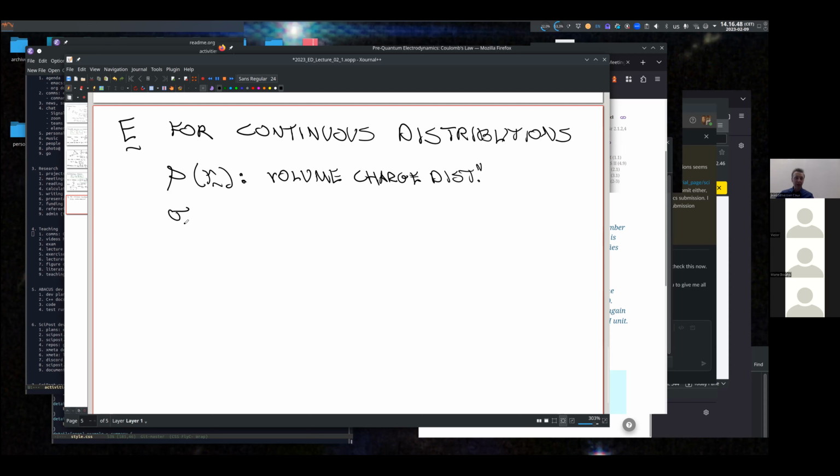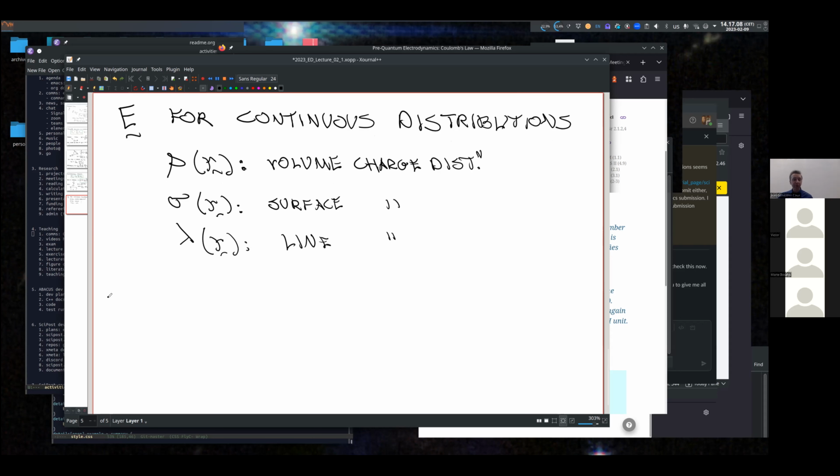There's going to be a sigma of also position, which is going to be a surface one. And traditionally, we do a line charge distribution as lambda of R. Okay, again, I presume you're familiar with this.